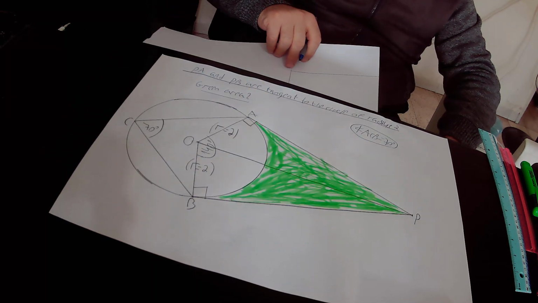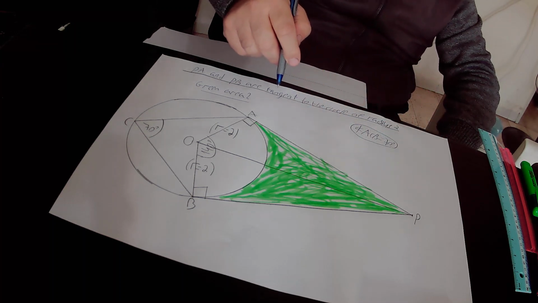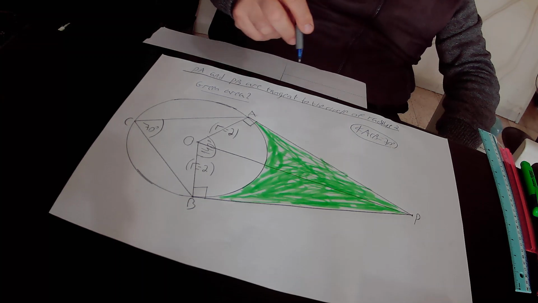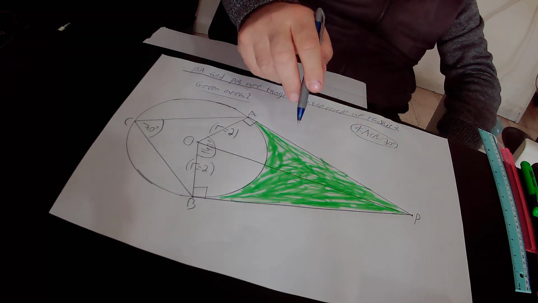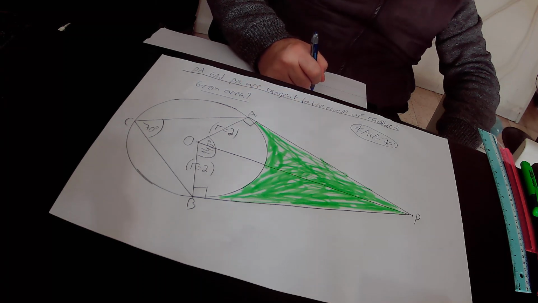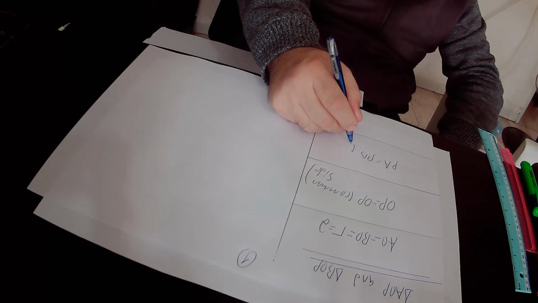And finally, side PA of the upper right triangle AOP is equal to side PB of the right lower triangle BOP. PA equals PB according to rule 2.